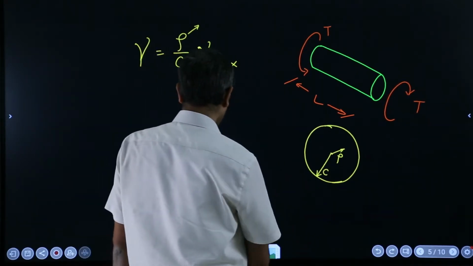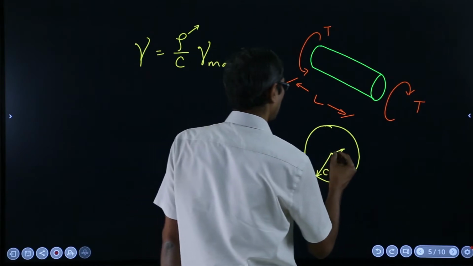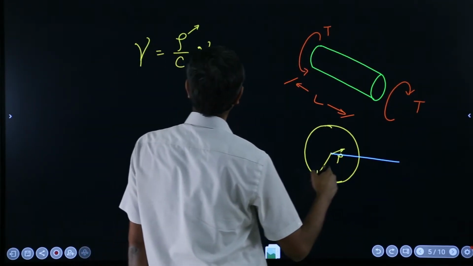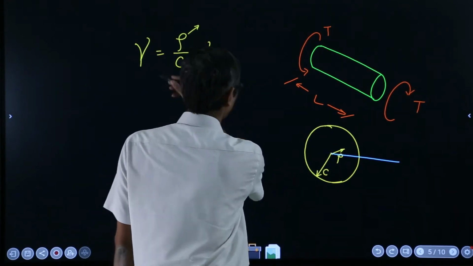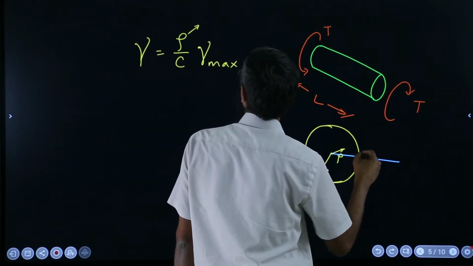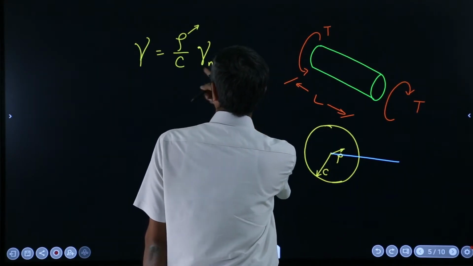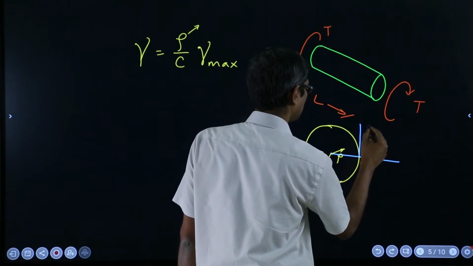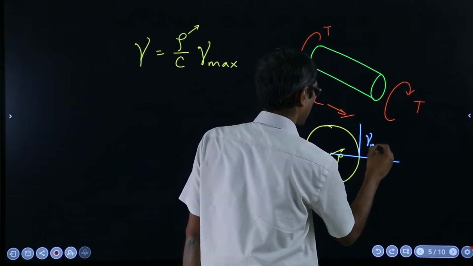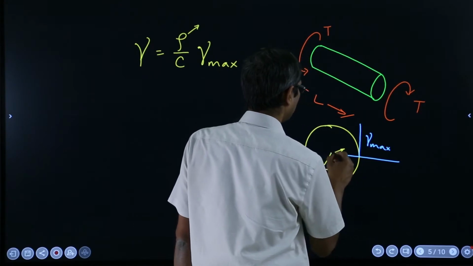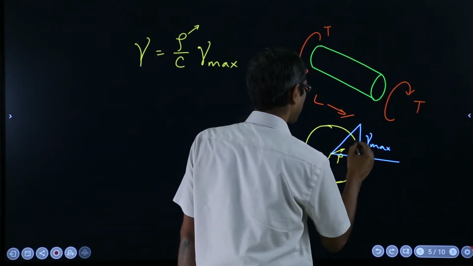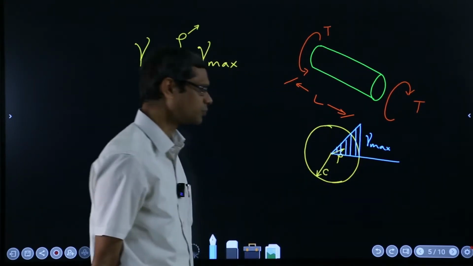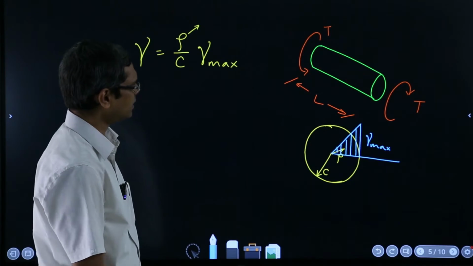So, gamma increases from 0 when rho is 0, to the maximum at rho equal to C, which is gamma max. Suppose this is gamma max, then it varies linearly like that.